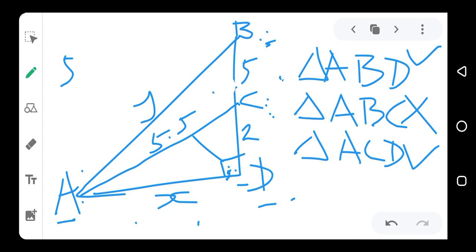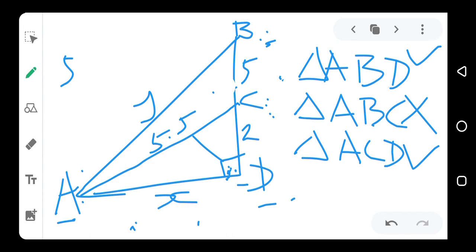Now for y, it is under the big triangle ABD. BD is 5 plus 2, which is 7. We know this side now as 5.1, that is x. Now we know two sides, so we can get the third side. Which side is the hypotenuse? It is the side that is facing the angle 90 degrees, which is y.